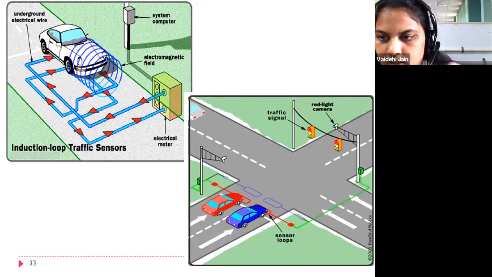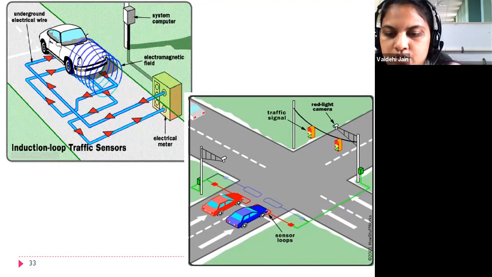At the traffic signals, again the camera is there, and the camera is capturing the photograph if you are crossing the pedestrian line after the red light. Fine. And thus we are facing at our intersections also, the cameras have been installed, and those cameras are capturing the photograph if you are not following the rules at the traffic signals. The sensor loop is sensing it.